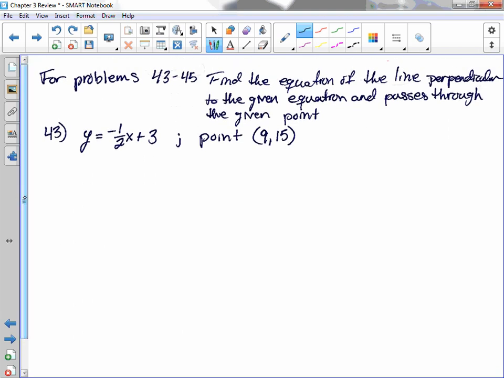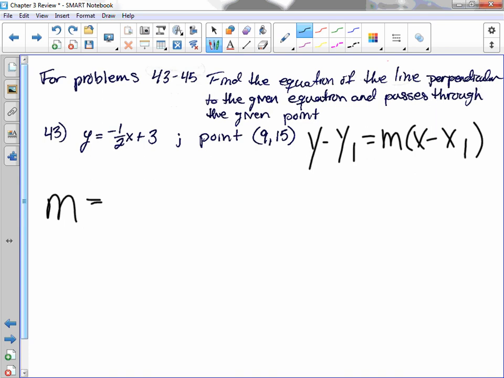Find the equation of the line perpendicular to the given line. So we're still going to use the same formula: y minus y1 equals m times x minus x1. Now, perpendicular slopes are the opposite reciprocal. To find the perpendicular slope, we need the opposite reciprocal.